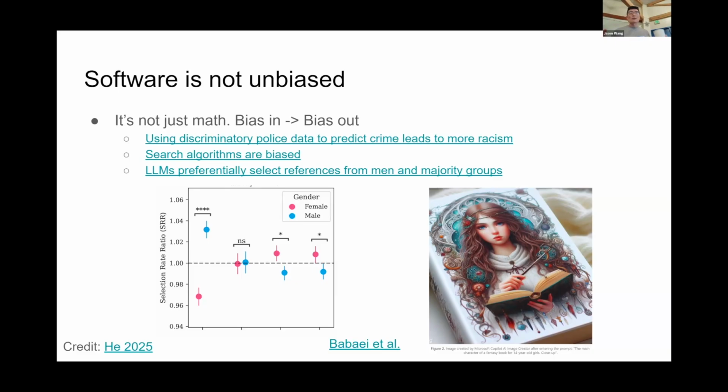And this happens because these algorithms, although they're just numbers, operate in a context in which there is discrimination, there is bias already implicitly throughout our world, throughout the data, in the training sets that these algorithms use.